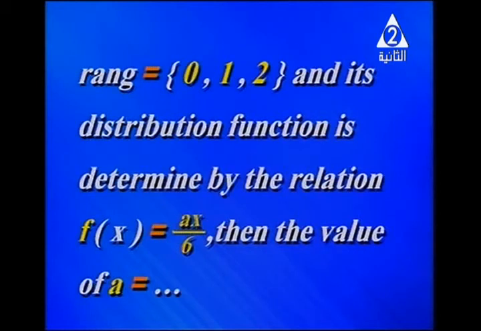Dear student, look at the distribution function determined by the relation f of x equals ax over 6. We find f of 0, f of 1, and f of 2. Why? Because we want to find the value of the constant a. F of 0, by substitution x equals 0, equals 0. F of 1, substituting x equals 1, equals a over 6. F of 2, substituting x equals 2, equals 2a over 6.